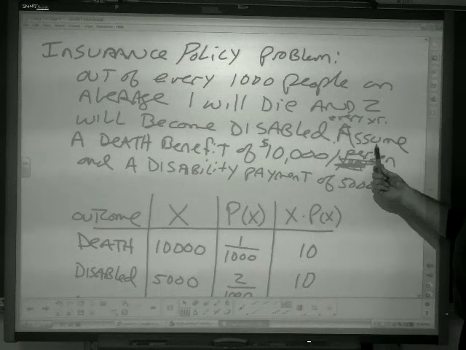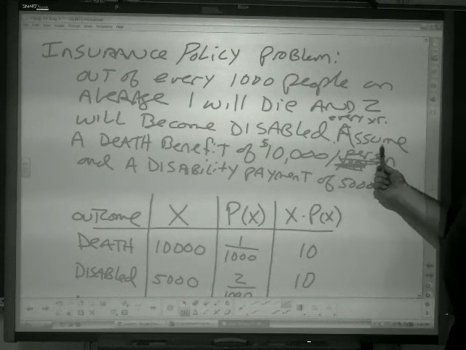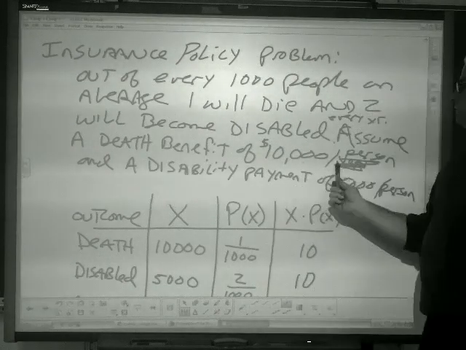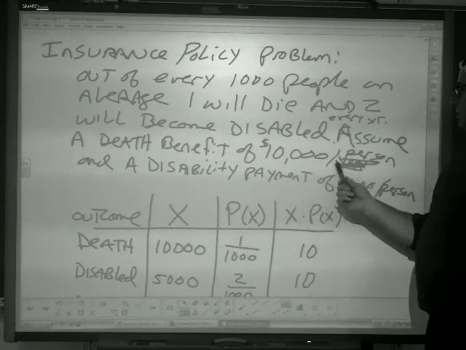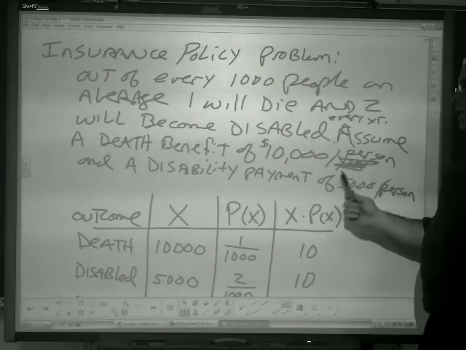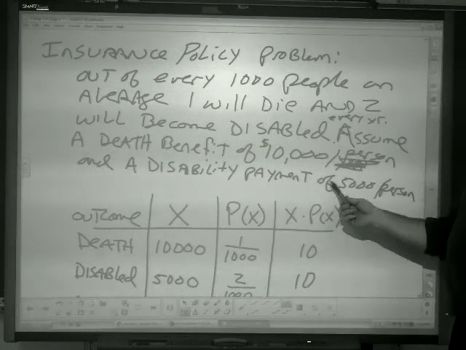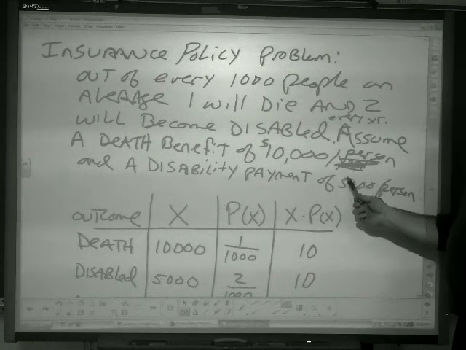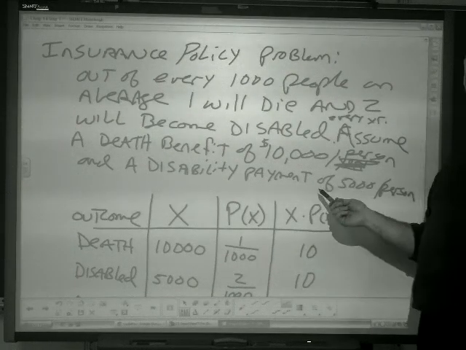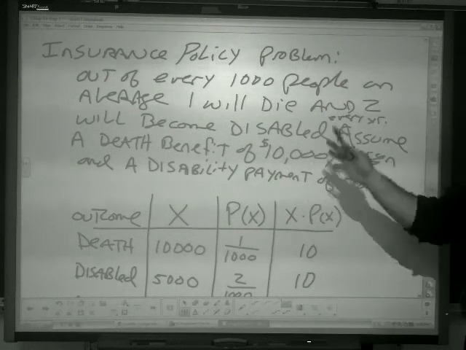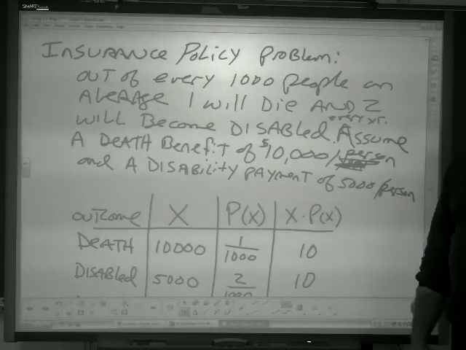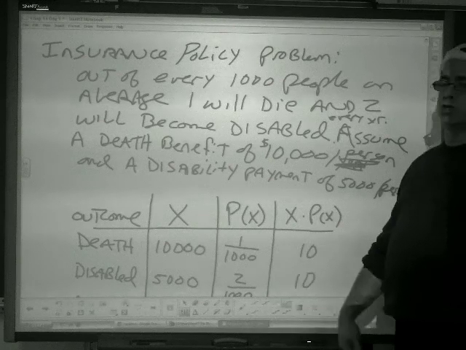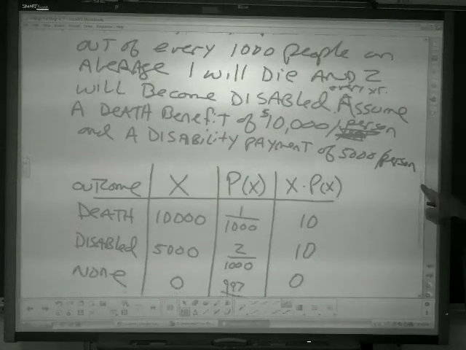Now, again, this is out of your book, so you can look it up in chapter 16. Assuming a death benefit of 10 grand per person and a disability payment of 5,000 per person, that would be for the year. Let's create our table and find the expectation of this insurance company.